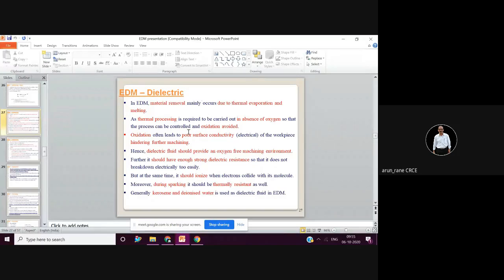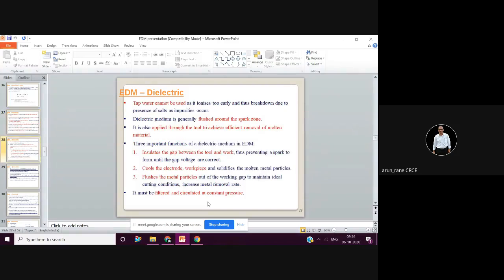The function of the dielectric is, most important, to provide an oxygen-free machining environment. The most commonly used dielectrics are kerosene and deionized water. See, remember, it's deionized water.